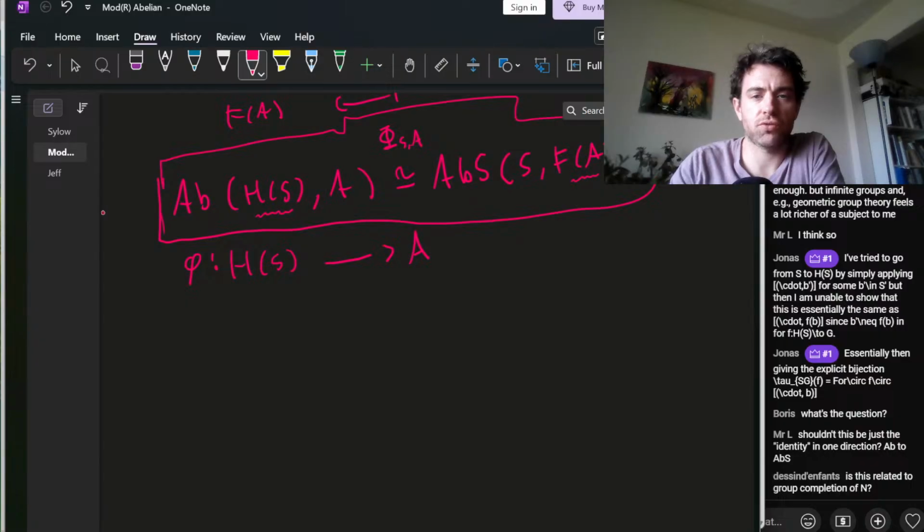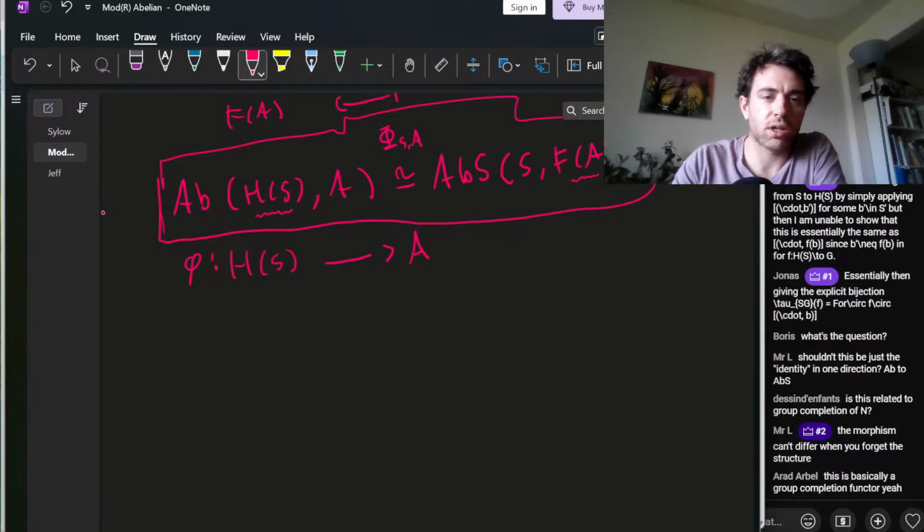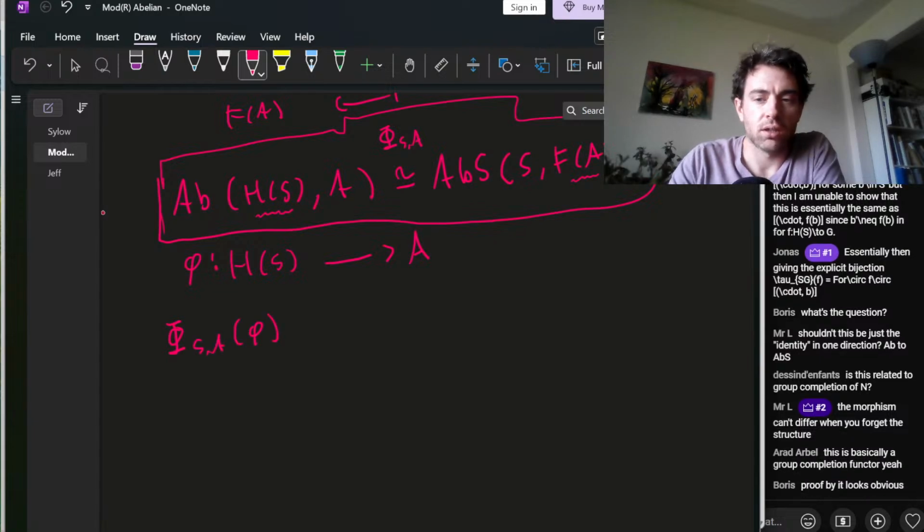So if phi is defined here, then basically this tells us how to define a map. Capital phi SA of little phi, defined on S, some element of the semigroup.